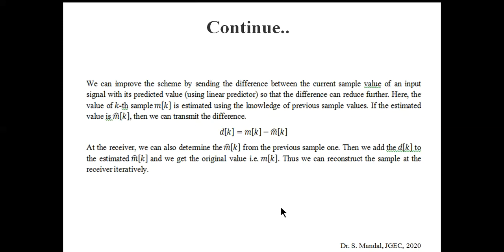Now we can improve further. How can we improve the efficiency of DPCM further? Instead of sending the difference between two successive sampling points, we can send the difference between the current sample value of the input, that is mk, and its predicted value, which can be calculated using a simple linear predictor.